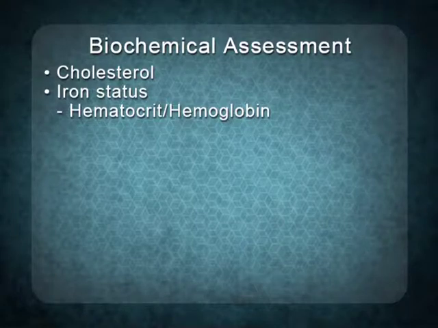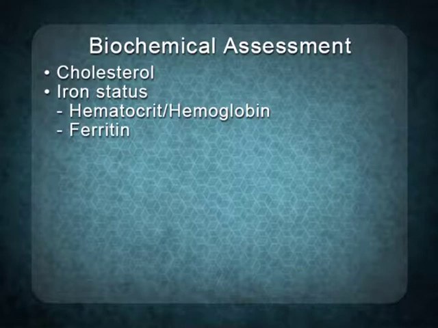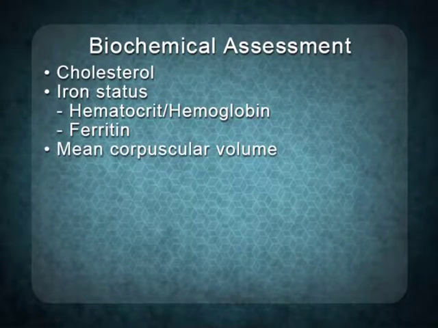Another thing that may be on your blood work is something called ferritin, and ferritin is the iron that you store that's available in times of need. Another very valuable piece of data on that blood work is something called mean corpuscular volume, oftentimes abbreviated on your blood work as MCV. And I would encourage you, when you go to your doctor, to ask for an actual copy of the lab slip, so you have this as you're crafting your own plan.